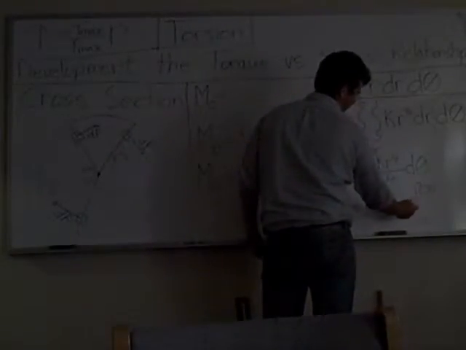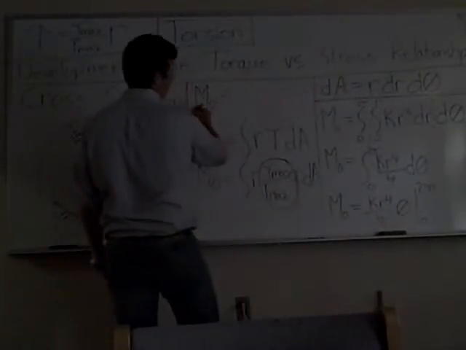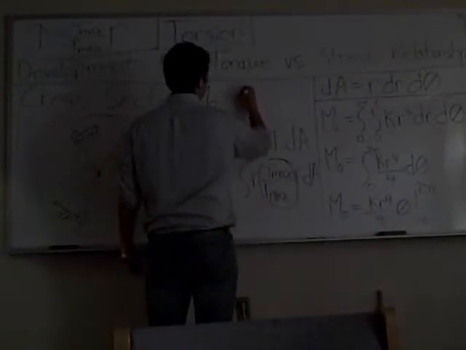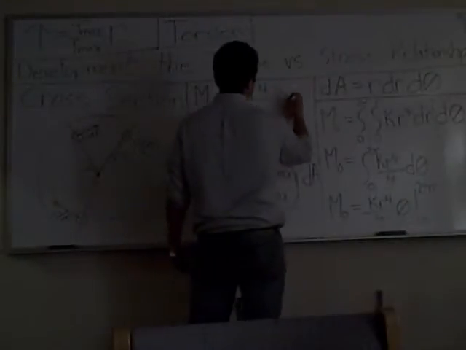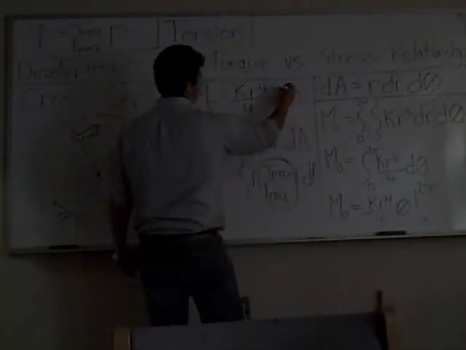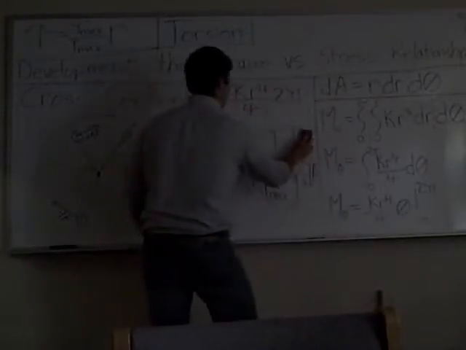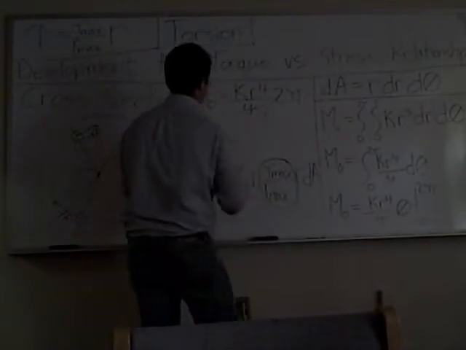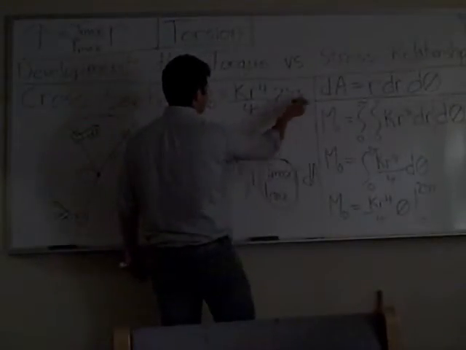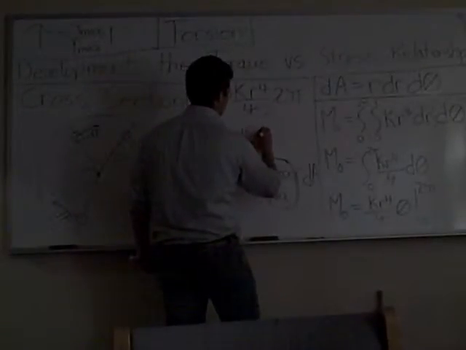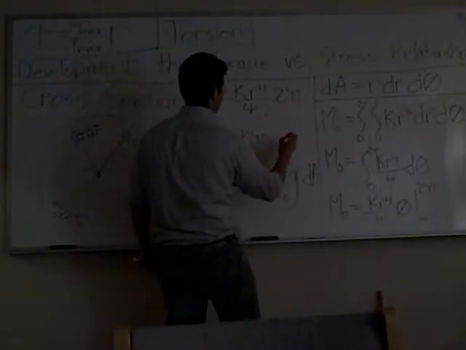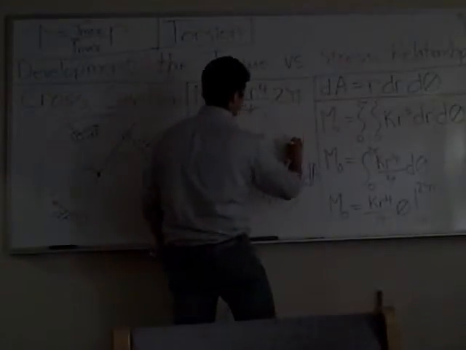And when we substitute in 2 pi for theta, we get our moment equals our constant times our radius to the fourth over 4 times 2 pi. Simplify, and we get k times pi over 2 times r to the fourth.